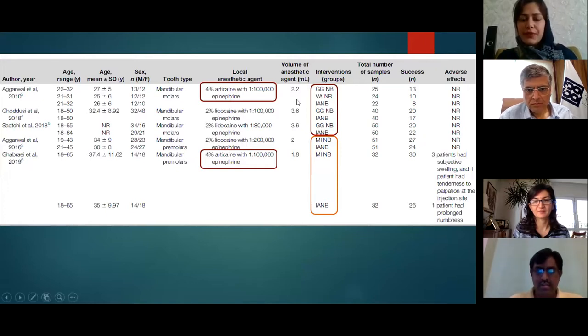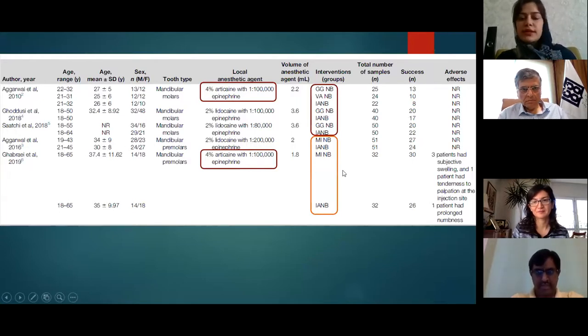As you can see, there are 3 articles that evaluated and compared the effectiveness of Gow-Gates with inferior alveolar nerve block: the articles of Agarwal, Dr. Qodusi, and Dr. Saachi.